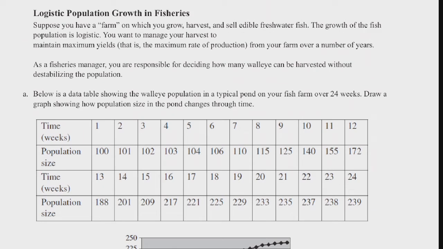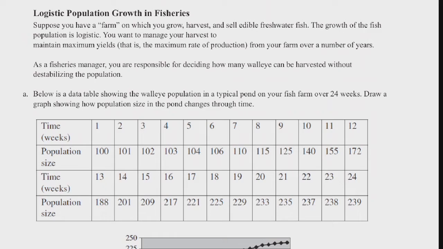Now this is dealing with logistic growth, and it uses fisheries as an example. Suppose you have a farm on which you grow, harvest, and sell edible freshwater fish. The growth of the fish population is logistic. You want to manage your harvest to maintain maximum yields, which is maximum rate of production from your farm over the number of years.